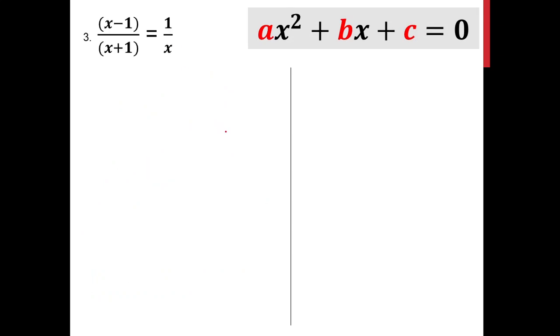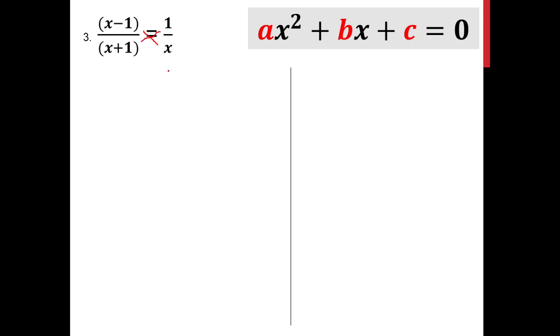Another example. I have here x minus 1 divided by the quantity x plus 1 equals 1 over x. Now, as you notice here, we only have one term on this side and one term on this side. So the only way to transform this one into the standard quadratic equation is to use cross multiplication.